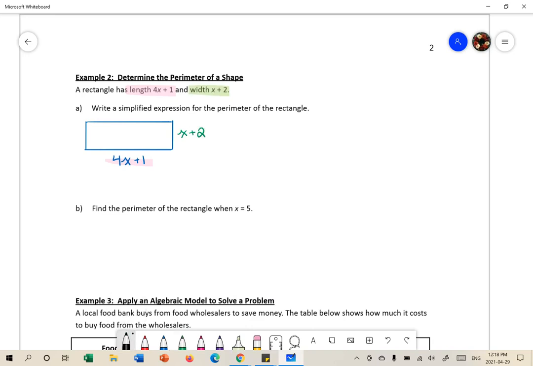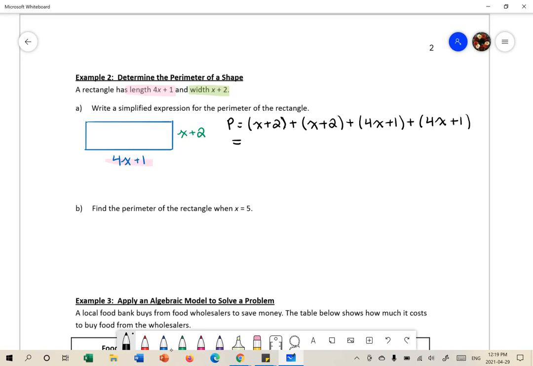And we know that perimeter is adding up all the sides. So our perimeter is equal to x plus 2 plus x plus 2 plus 4x plus 1 plus 4x plus 1.